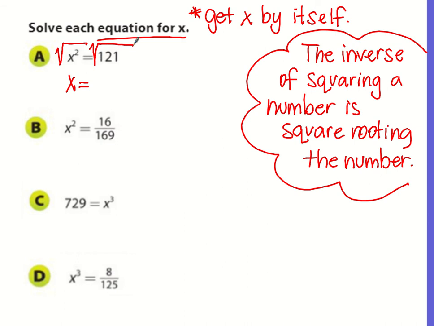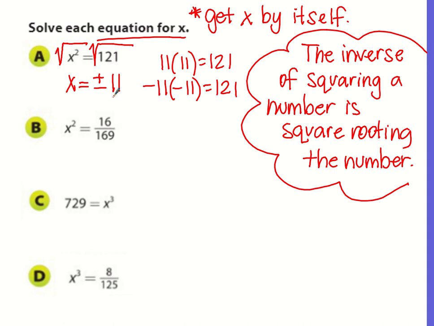So if we square root 121, what number times itself gives me 121? It would be plus or minus 11, because 11 times 11 gets me 121, and negative 11 times negative 11 also gets me a positive 121. It can be positive 11 or negative 11.